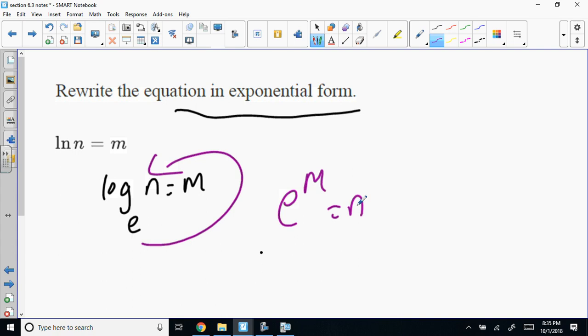I took this and replaced that, and that way it's easier. You see that it's e, right? You understand why the natural log and e come about, right? So e raised to the m equals n. Any questions? Anybody? Good? I know you're saturated, so let's continue going.